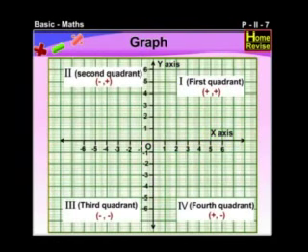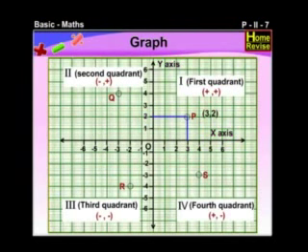Now see, 4 points are on the graph: point P, point Q, point R and point S. This point P is written as 3 and 2. That means the x coordinate is 3 and the y coordinate is 2. The coordinate of point P is 3 and 2.